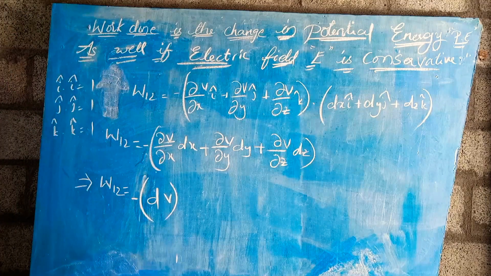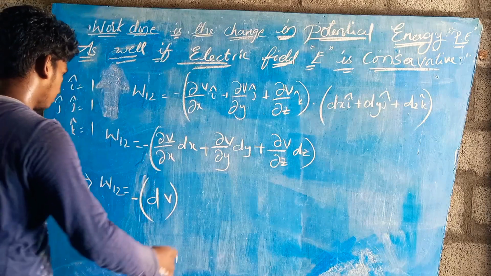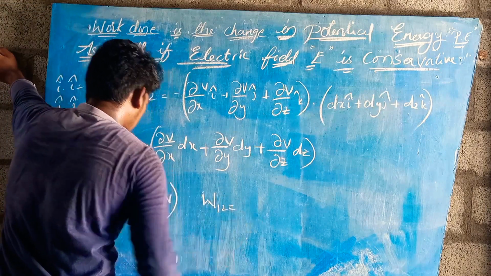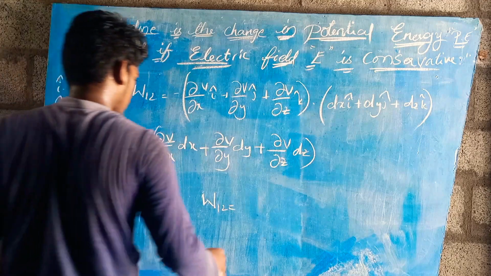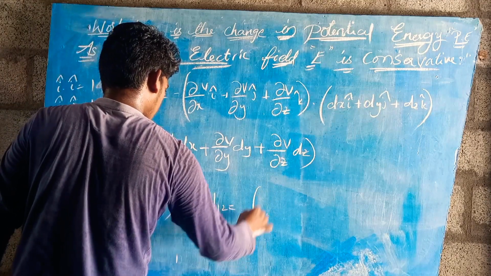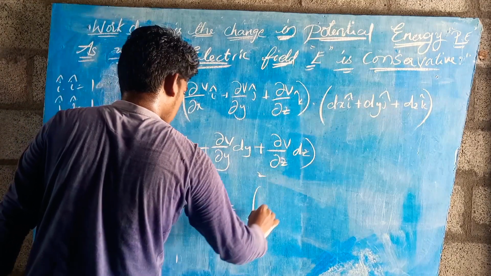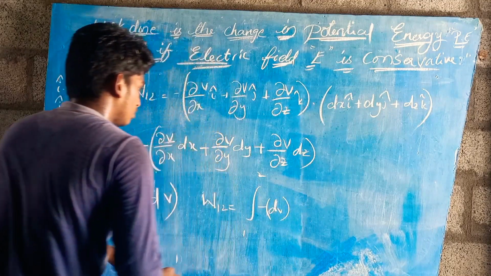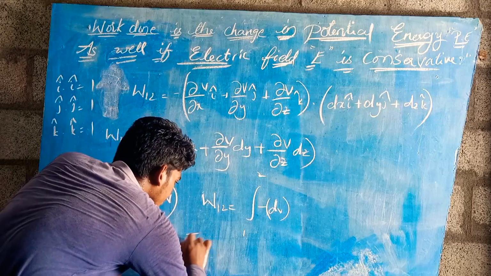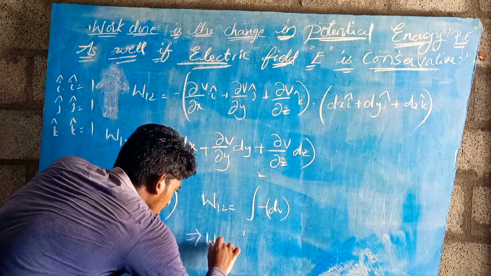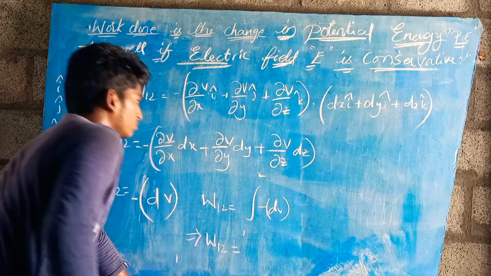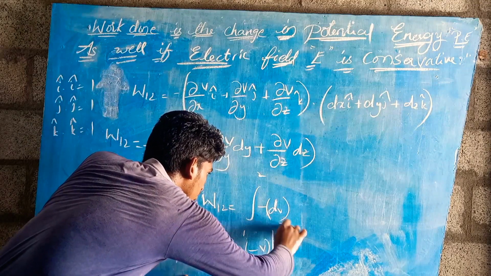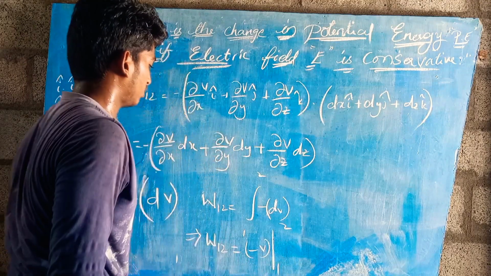On integrating this equation, W12 is equal to integral 1 to 2 of minus dV. That implies W12 is equal to minus V, upper limit 2, lower limit 1.